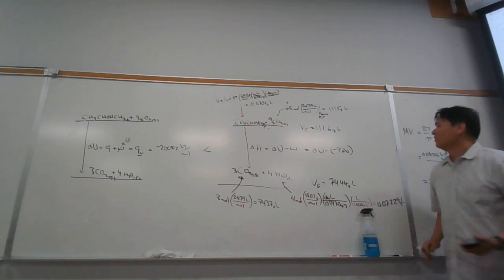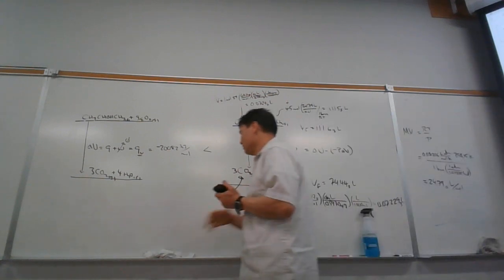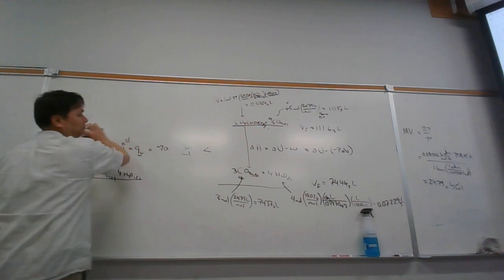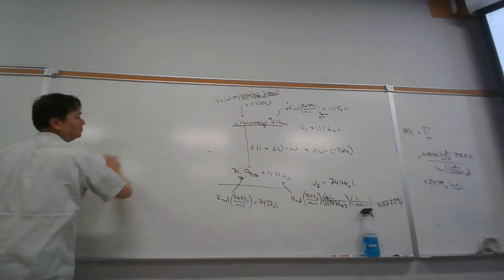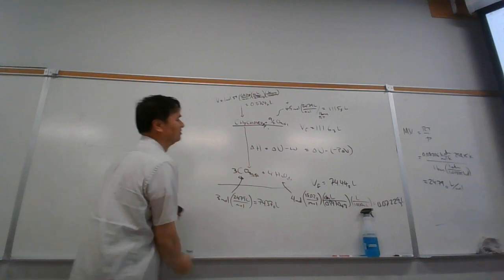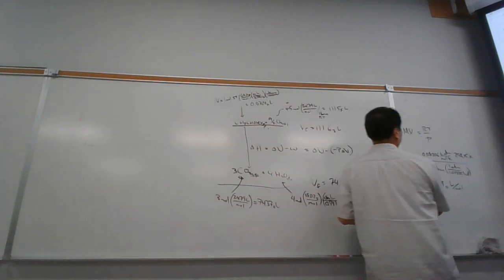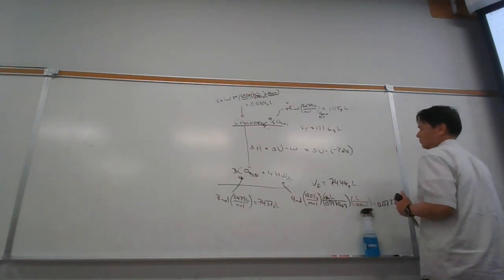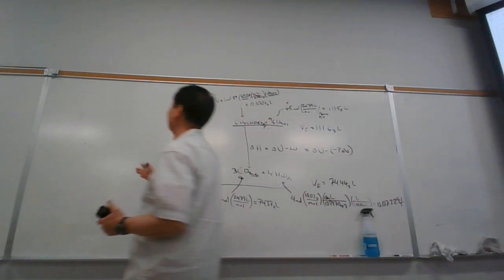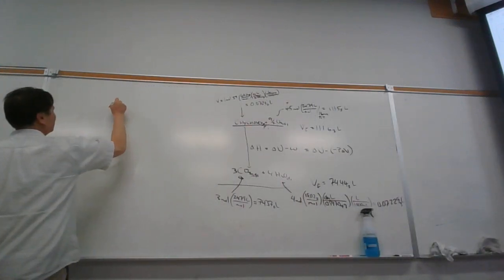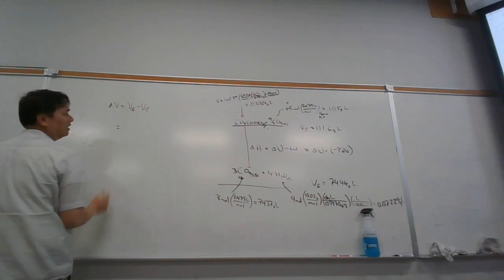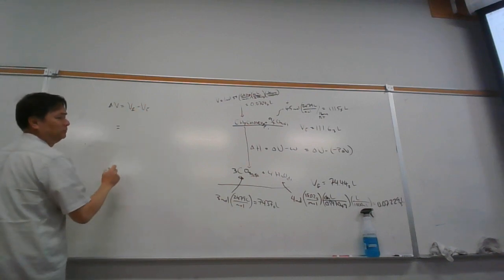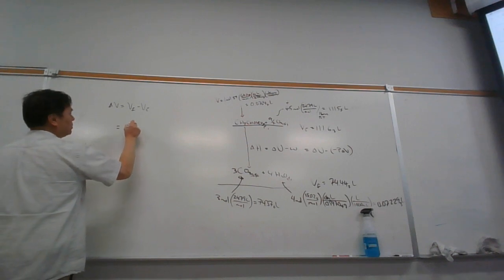All right, let's figure out what our delta V is. Our delta V is V final minus V initial. V final is 74.442.